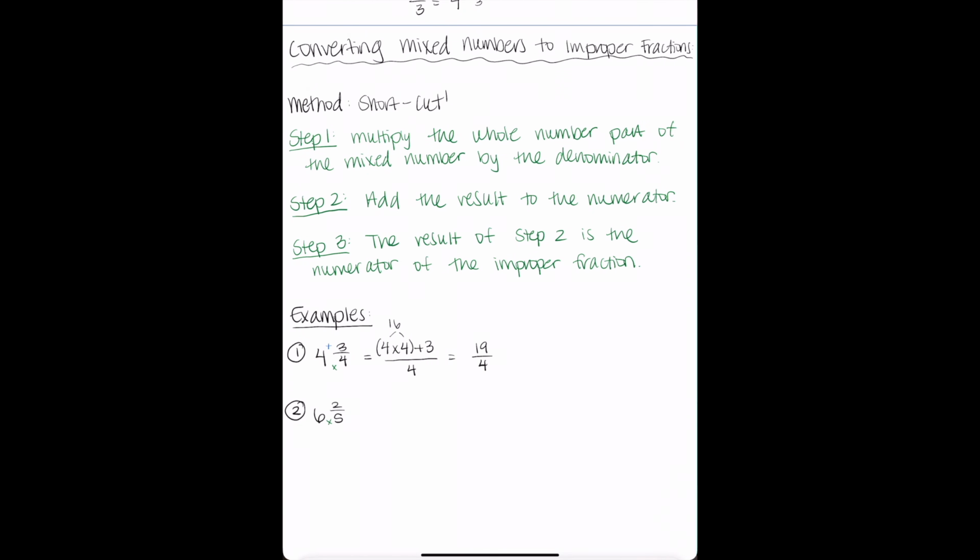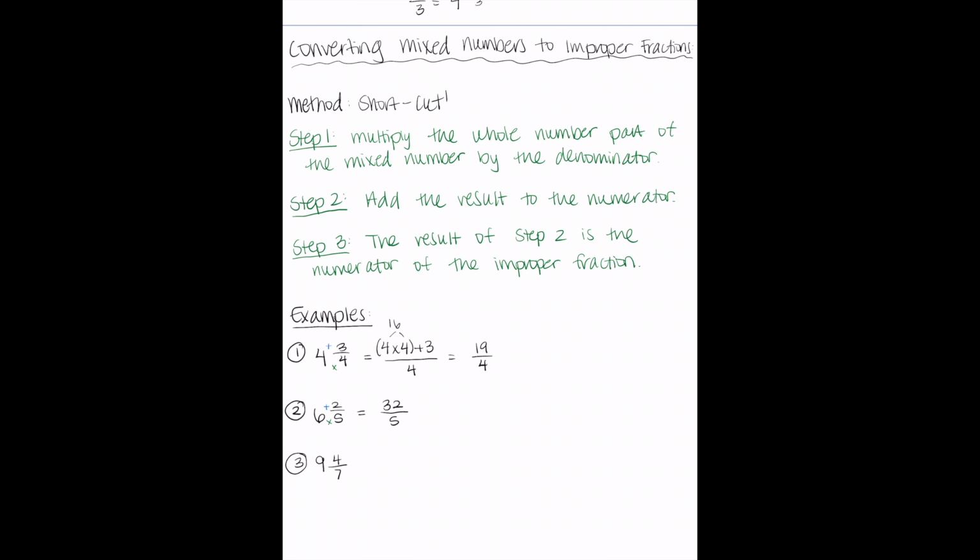Let's do another one now. Let's say we had 6 2/5. I'm going to multiply the 6 times the 5, right? And then add 2. So 30 plus 2 will give me 32. And my denominator will carry through, so 32 over 5. And for our third example, let's say we had 9 4/7.